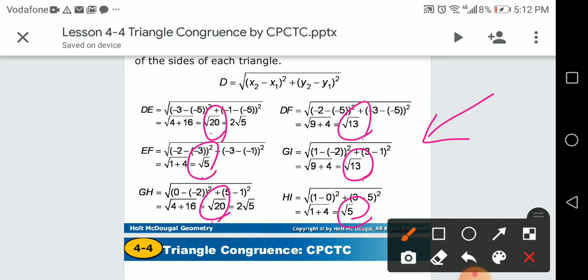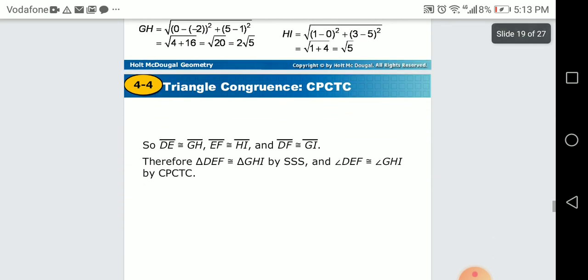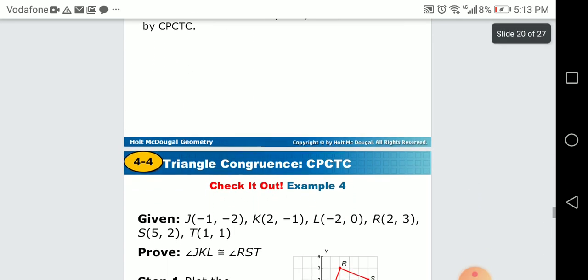Miss Dina, we don't have to solve this? Yes, keep it like this, to be easier for you. So all the sides of the triangles are congruent. Therefore, we have congruent triangles by SSS, all sides are congruent. Okay, guys, is it easy? I think so.